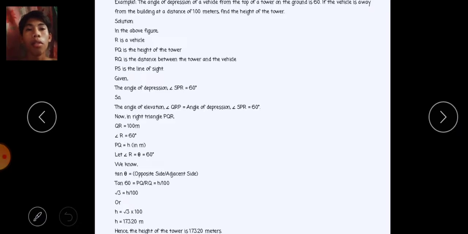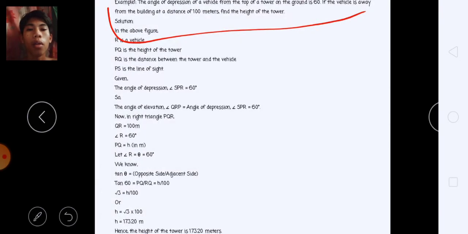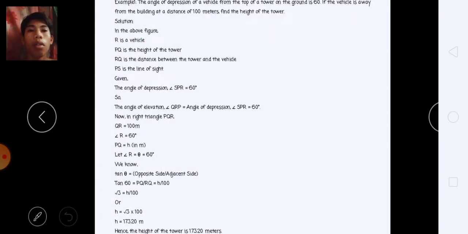Our solution is in the above figure. Let's say R is the vehicle, PQ is the height of the tower, RQ is the distance between the tower and the vehicle, and PS is the line of sight.